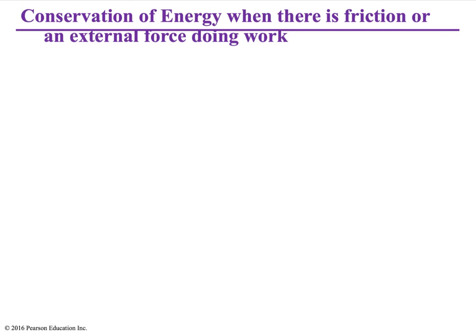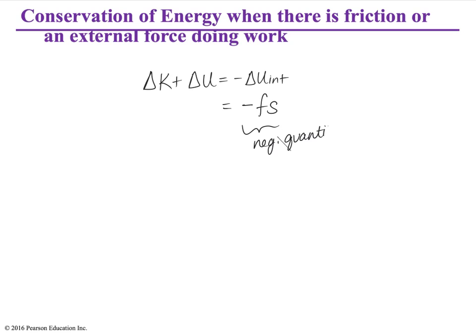So sometimes I like to think of it like this. Change in kinetic plus change in potential we saw was equal to minus delta U internal. But what I'll do here is say this is just equal to minus the work done by friction. And so we see that this is a negative quantity, and this represents the change in energy over here.